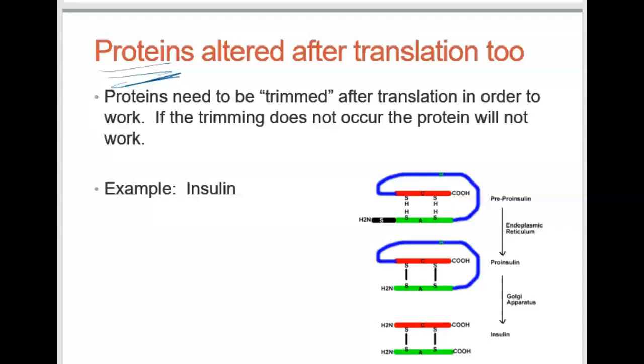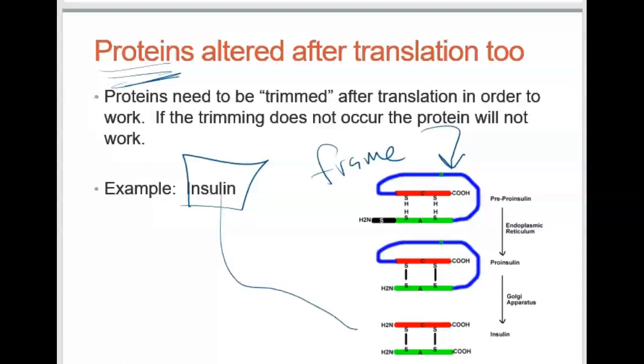So in the case of insulin, when insulin is made as a protein, it comes with this frame on it, and in order for it to be activated, for the insulin to work, the frame needs to be removed. The functional version of insulin is just this simpler version without that frame that you see around it. So it can happen even after the protein is translated.